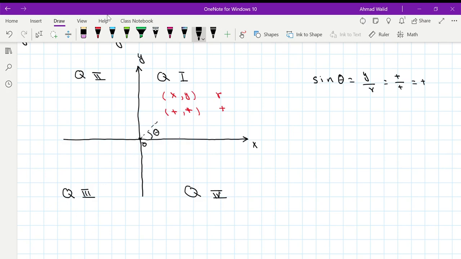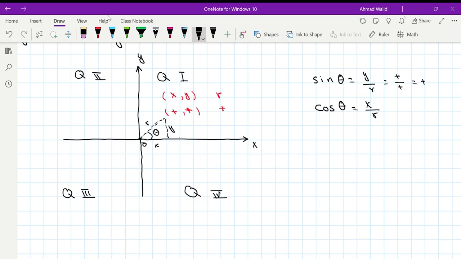It's interesting. The sign of the sine function is positive. Let's talk about cosine. Cosine theta means x over r, right? Here, I will draw a little bit for you. You can see this is your x, this is your y, this is your r, if you don't remember lecture 1.3, correct?